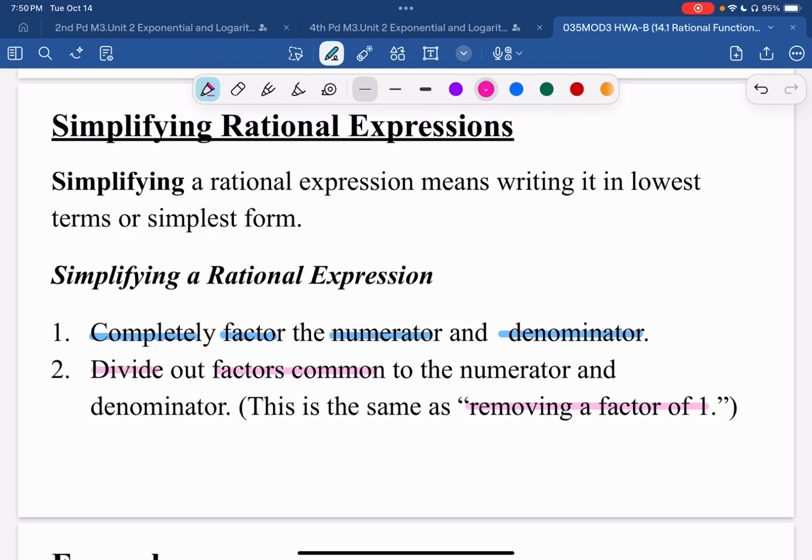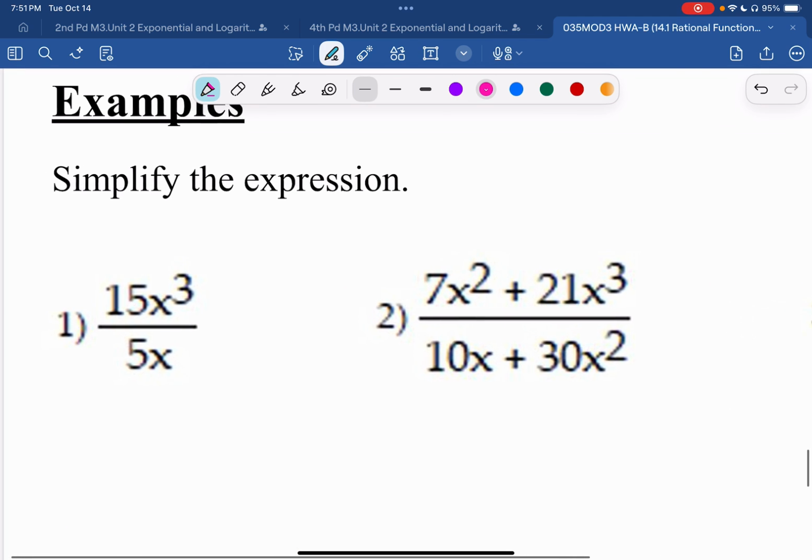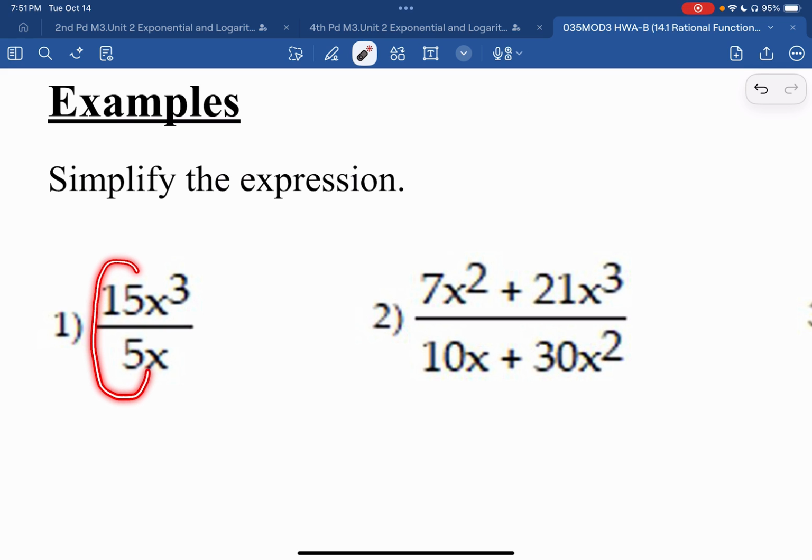Because remember, anytime you have something that's the same in your numerator and your denominator, like 2x over 2x, dividing something by itself, that's the same thing as 1. And so let's look at some examples. We start with example 1. It says simplify the expression. I want to take this piece by piece, so I'm going to start. There's really nothing to factor here, but I can look at my 15 and my 5, and I can divide out anything that's common there.